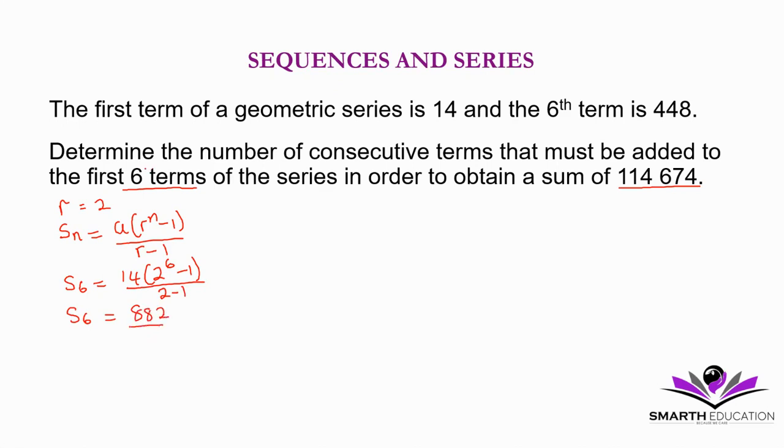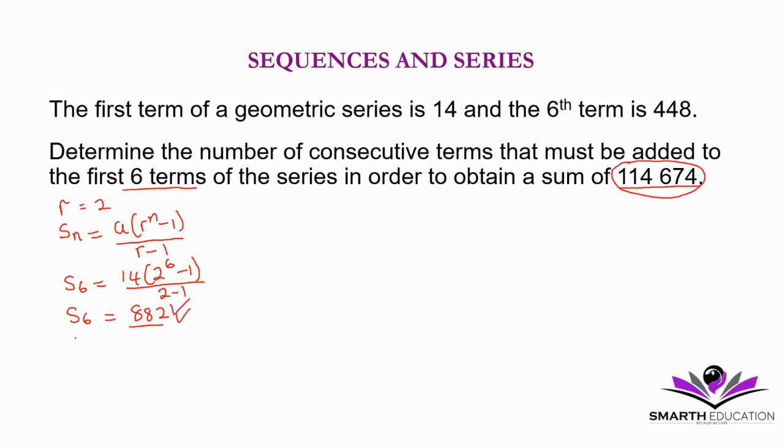Let's read the question. Determine the number of consecutive terms that must be added to the first 6 terms of the series in order to obtain the sum of 114,674. So let's find out what should be added to this sum of the first 6 terms to get this. Okay, so we subtract.